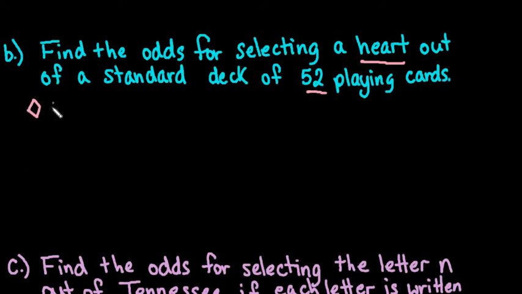The second one is clubs, which is really hard for me to draw, so I'm just going to draw a really bad club. Then you have spades, and you have hearts. We have 4 suits, so if we take 52 and divide it by 4, that tells me there are 13 of each suit.